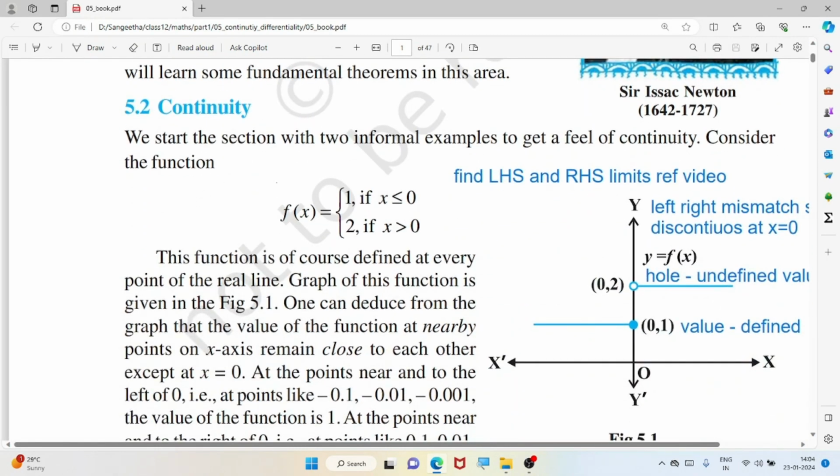Okay, now let us take a function. This is the definition of the function: f of x is equal to 1 for x less than or equal to 0, and 2 for x greater than 0.